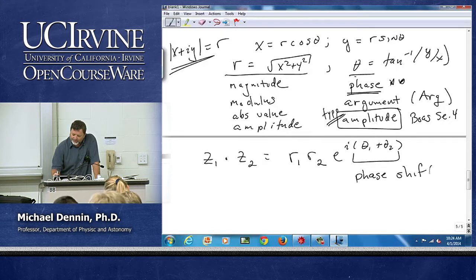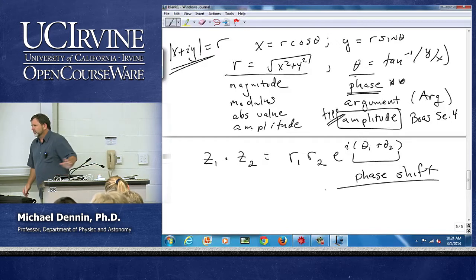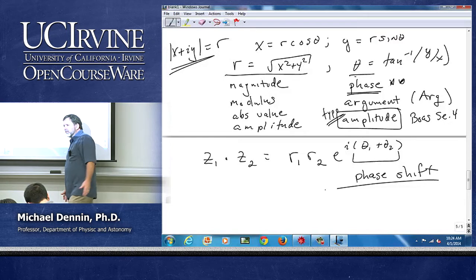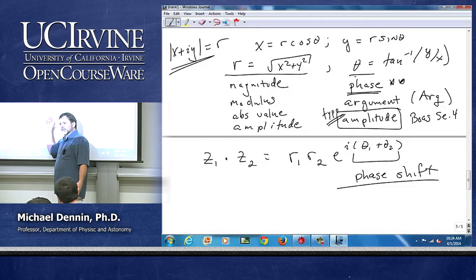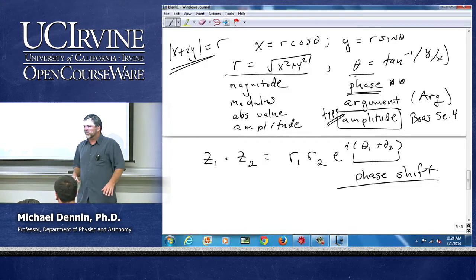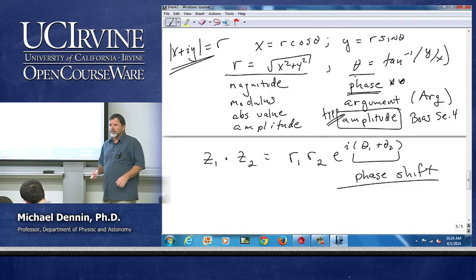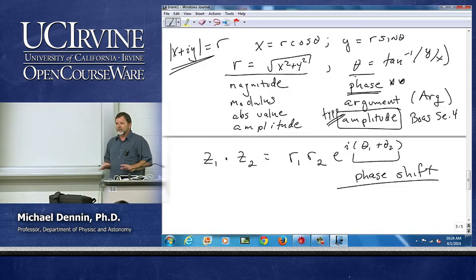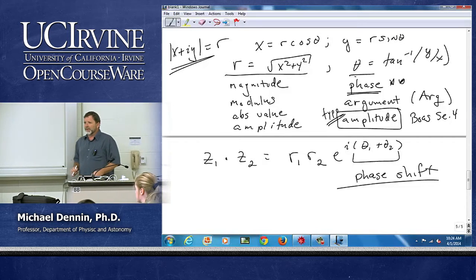And in this class, I can guarantee you, on the final exam, you will have a question that asks you about the phase shift of some problem. Because phase shifts are absolutely central in physics, and you have to understand them automatically. And so you can just know right now, I promise you, it will be on the final.